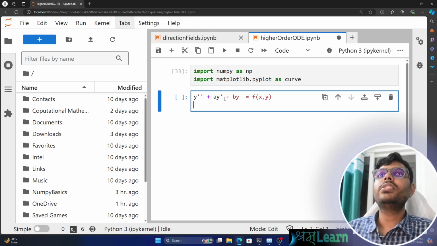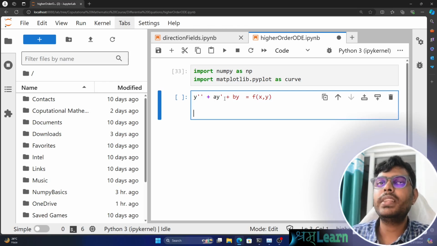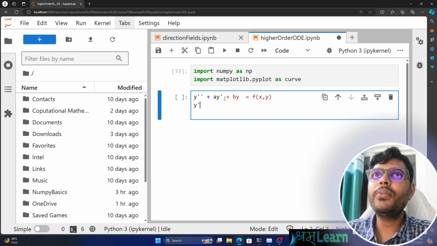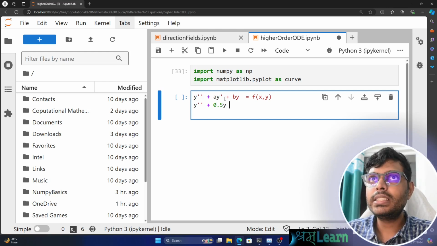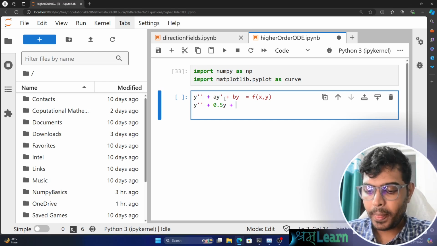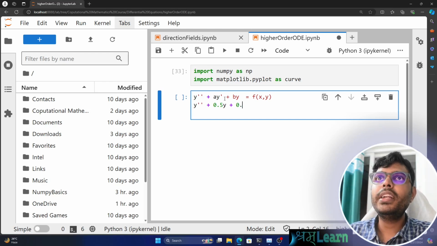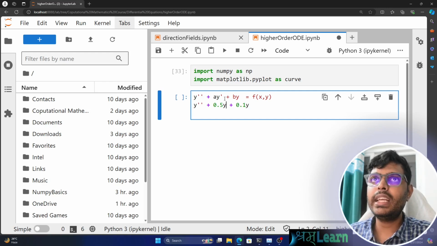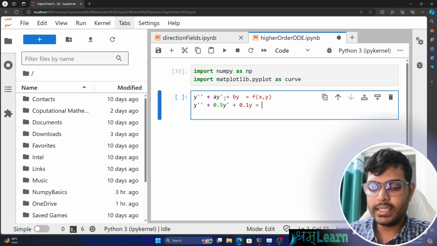Okay, so how do we start? Let us create our differential equation. The differential equation is going to be y double dash plus, let's say, 0.5 times y dash plus 0.1 times y is equal to, let's say, 5.